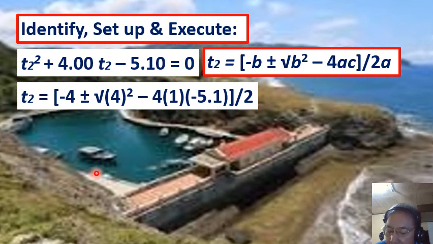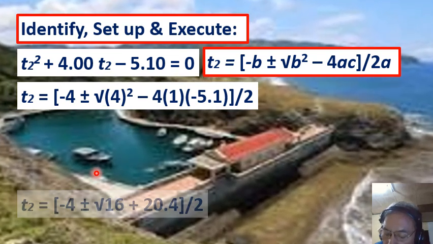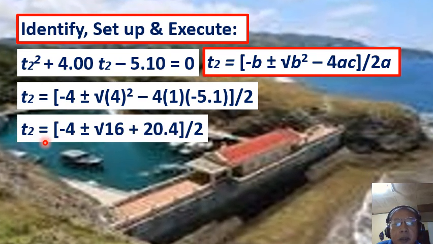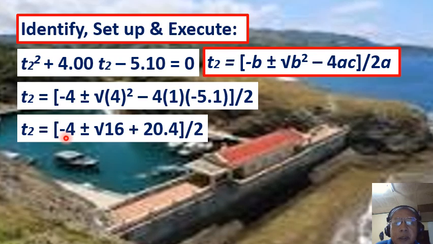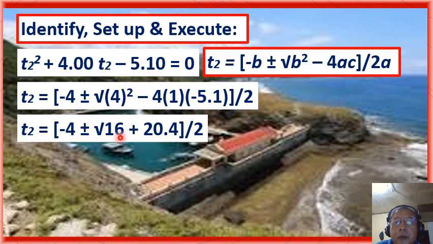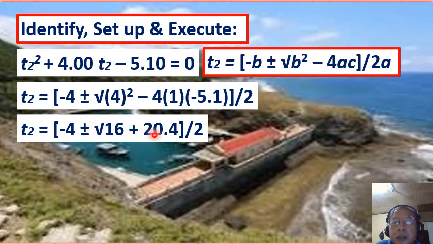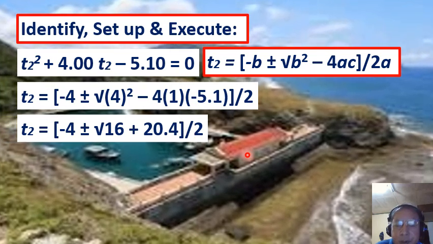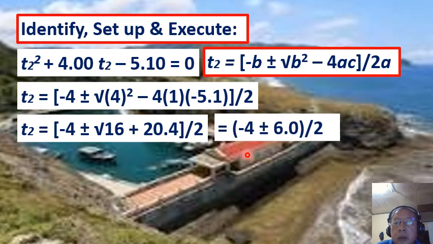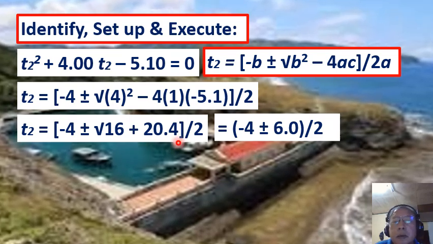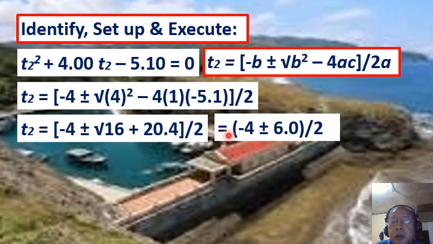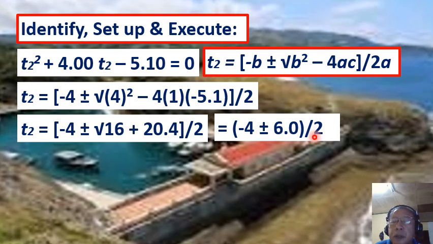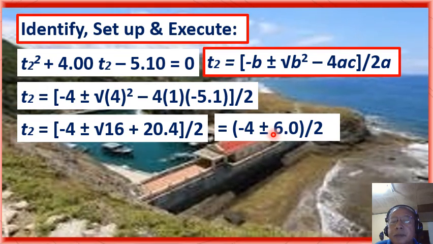So when you simplify, we get t sub 2 equals quantity negative 4 plus minus square root of 16 plus 20.4 all over 2. And further simplification will lead us to t sub 2 equals quantity negative 4 plus minus 6.0 all over 2. All right?